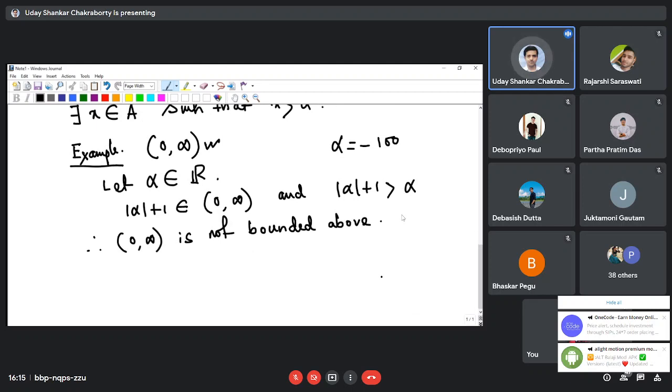Now, like bounded above, I can define a set to be bounded below.